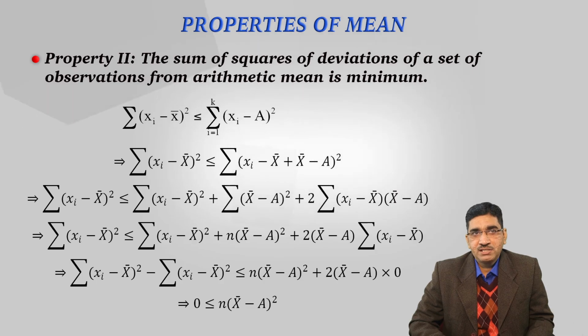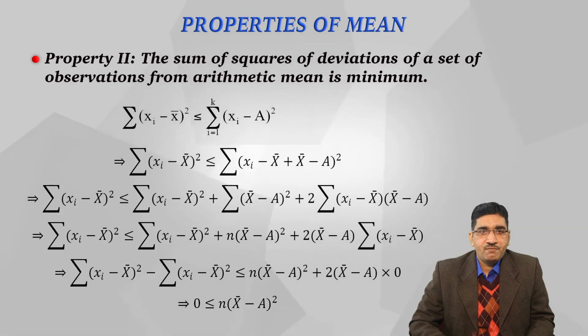And we have already seen in property 1 that the sum of all the deviations of the observations in a set of data from its mean becomes 0. So that term will become 0, and multiplied by the constant quantity 2 times (x bar minus a), that will also be 0. So in the fifth step, the summation of (xi minus x bar) square will be taken to the left hand side.